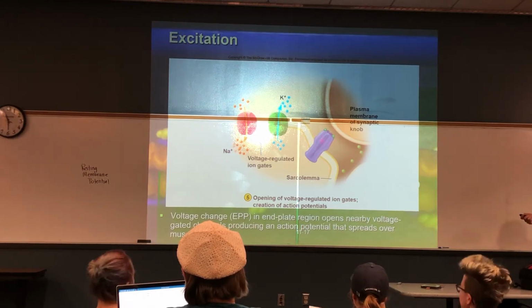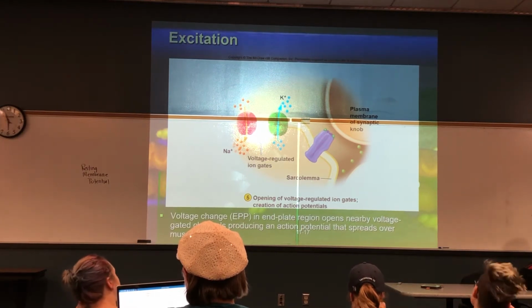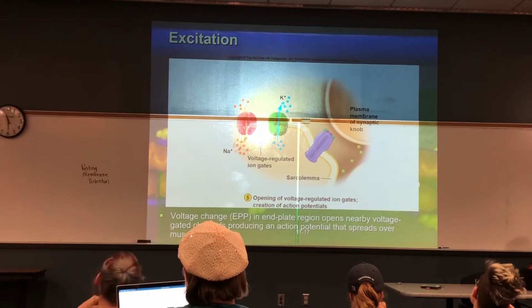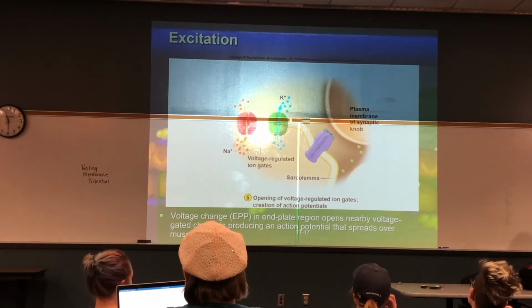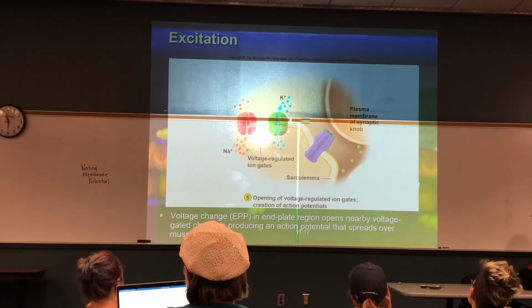Well, when it creates that spark, there are nearby, in the sarcolemma, not ligand-gated channels, but voltage-gated channels. That spark is enough to zap these, and look what happens. Sodium comes in, potassium rushes out, and that creates a spark. And that spark excites the next voltage-gated channel next to it.